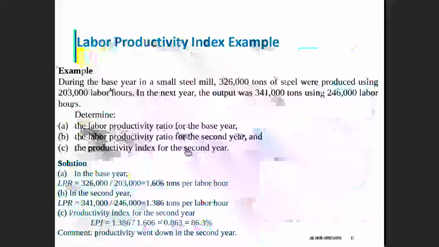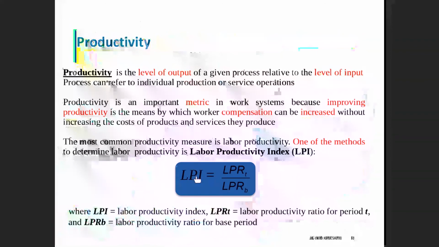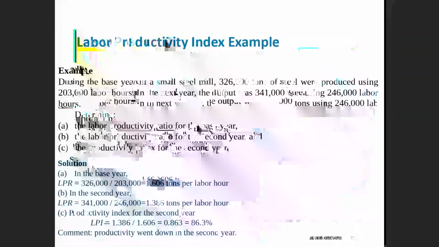So how do we calculate the labor productivity ratio for the base year? The base year is considered to be this one here, and the labor productivity ratio for the base period is the LPRB.